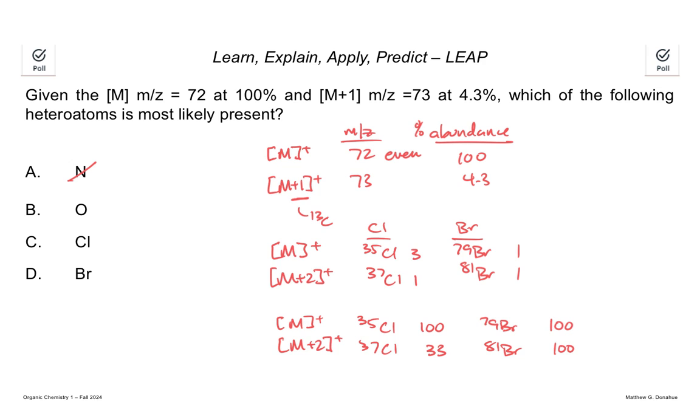So I just wrote down 100 and 100. But if it was like 50-50 or 25-25, as long as the ratio to each other is still 1-to-1, that's indicative of bromine. So we eliminate C and D, based on that M+2.